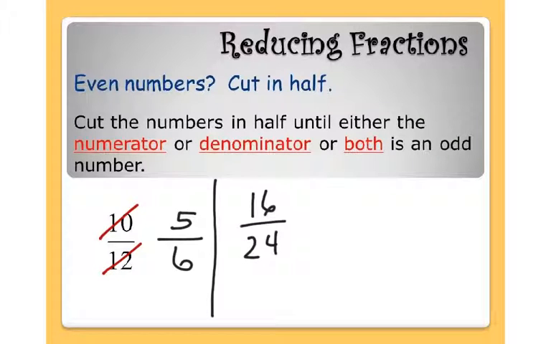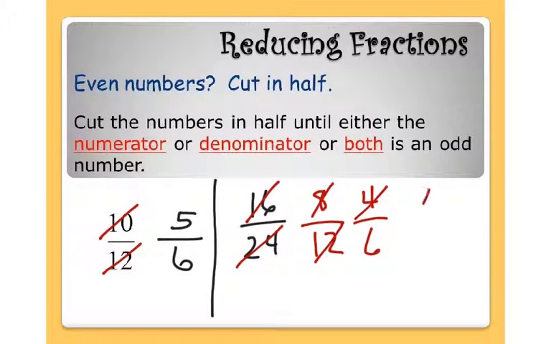In this example with 16/24, I can cut the 16 in half and get 8, and cut the 24 in half and get 12. Now they're both still even, so I can continue to cut them in half. Half of 8 is 4, half of 12 is 6. Notice they're still even. I can continue to cut them in half.